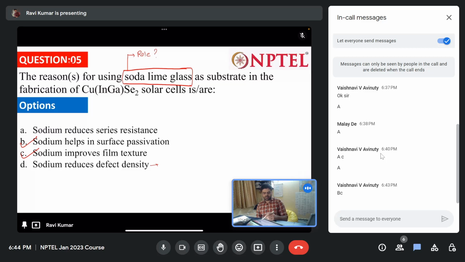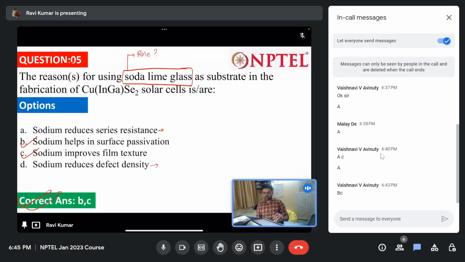And sodium is not being used for the connection or for charge separation or collection, so it doesn't have any part in series resistance. Yes, you are right, Vaishnavi, it's B and C.